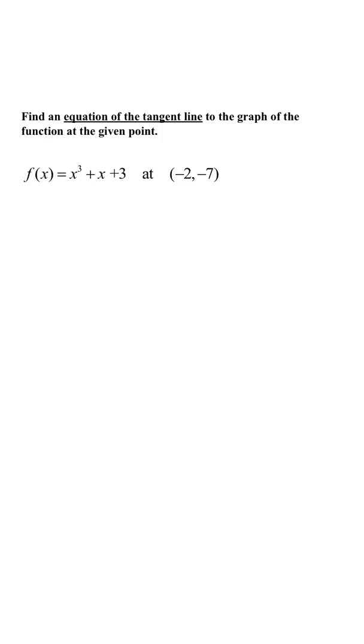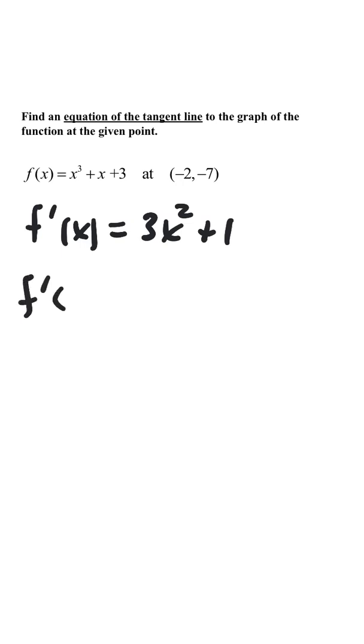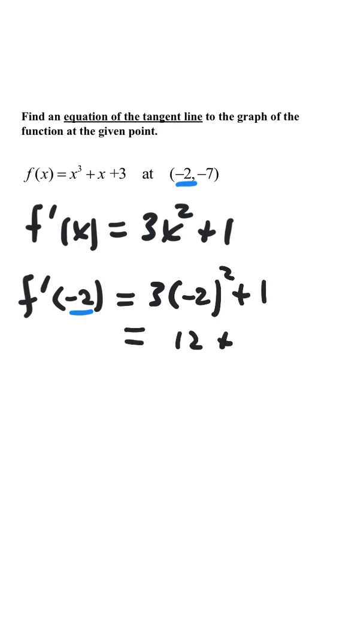First thing we'll do is take the first derivative, substitute our x value from the point given into our derivative, (3 times -2 squared) plus 1 is equal to 13.